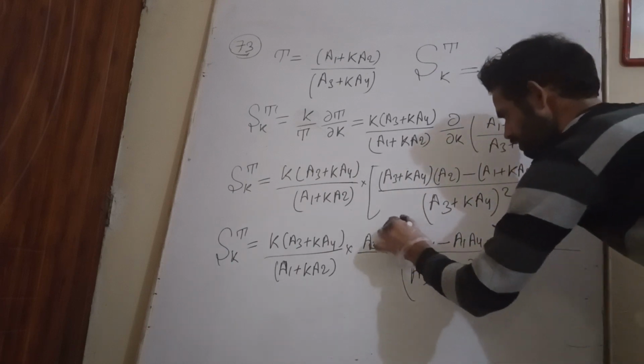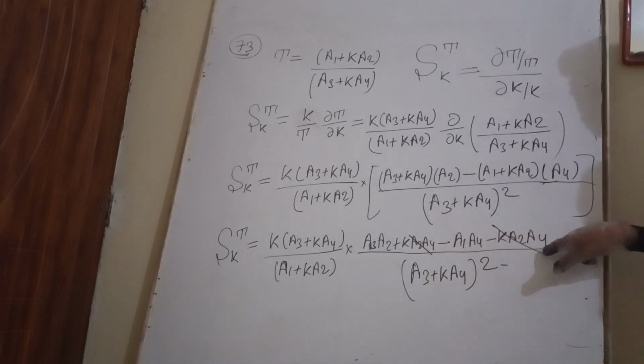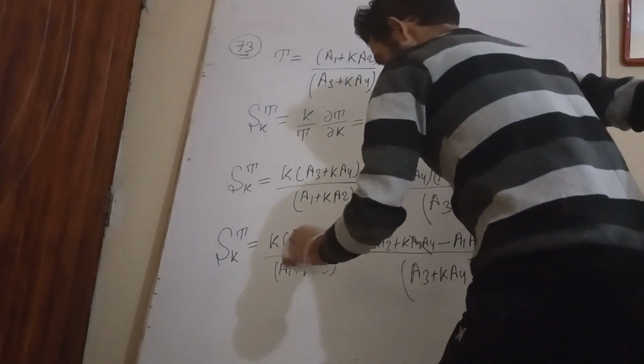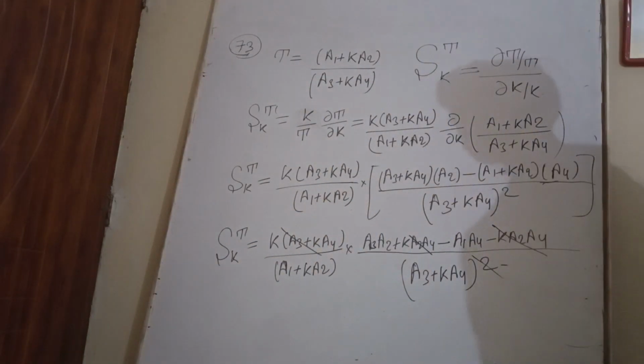Now this will get cancelled: k a2 a4 minus k a2 a4. So this factor also will get cancelled.